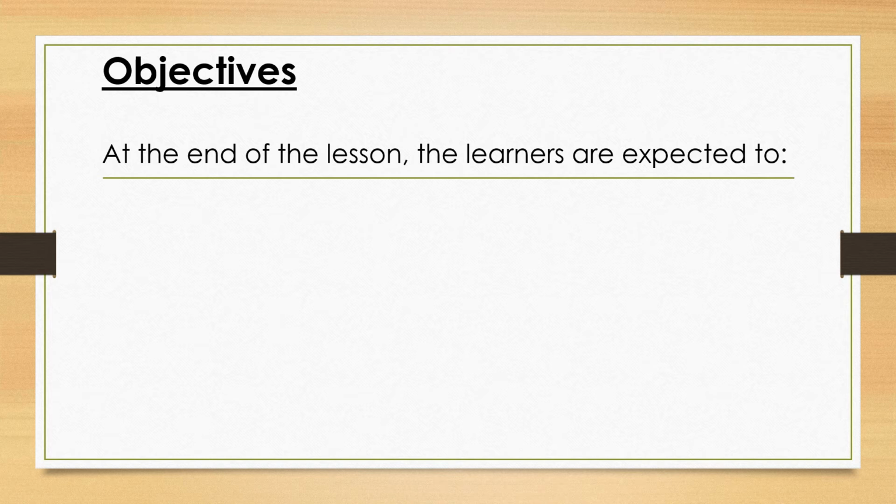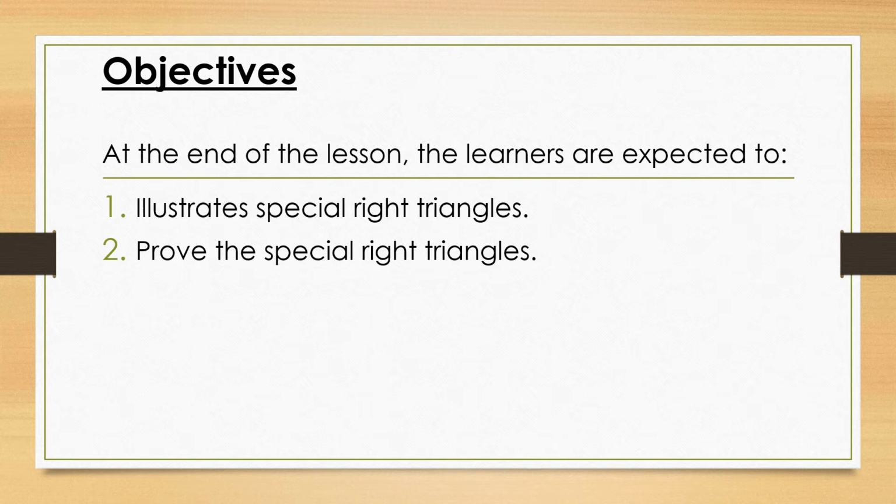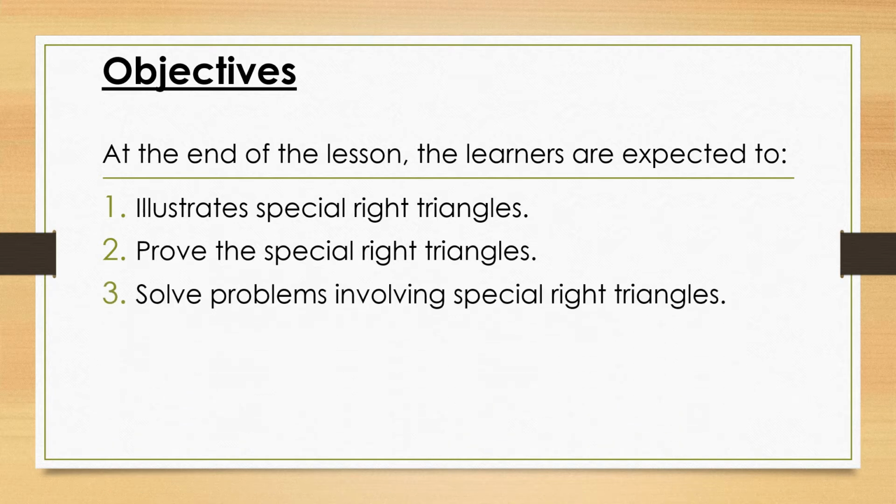For the objectives of our lesson, at the end of the lesson, the learners are expected to, number 1, illustrate special right triangles. Number 2, prove the special right triangles. And number 3, solve problems involving special right triangles.